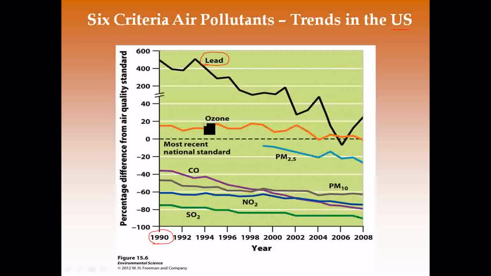But the amount of ozone production, remember, ozone is not a primary pollutant. It's a secondary pollutant. So there's not much we can do about what happens in the air. It stayed pretty flat. PMs down slightly. So the question gets to be, what can we do to get more of a downward trend in these chemicals? And we'll talk about that in the next video.